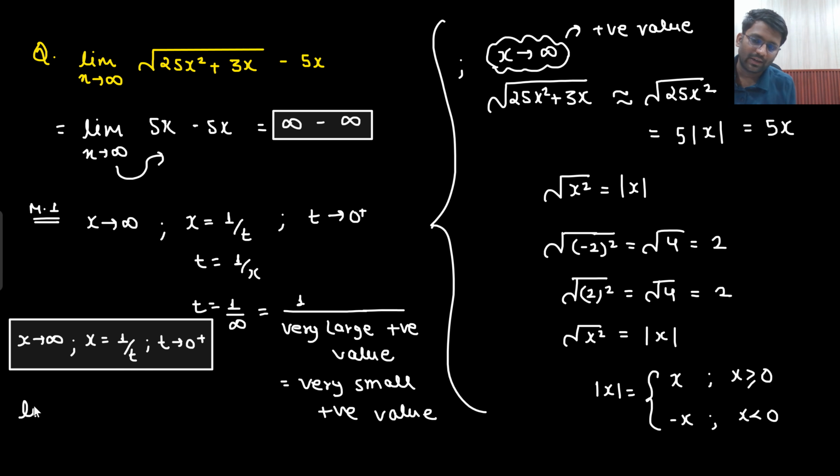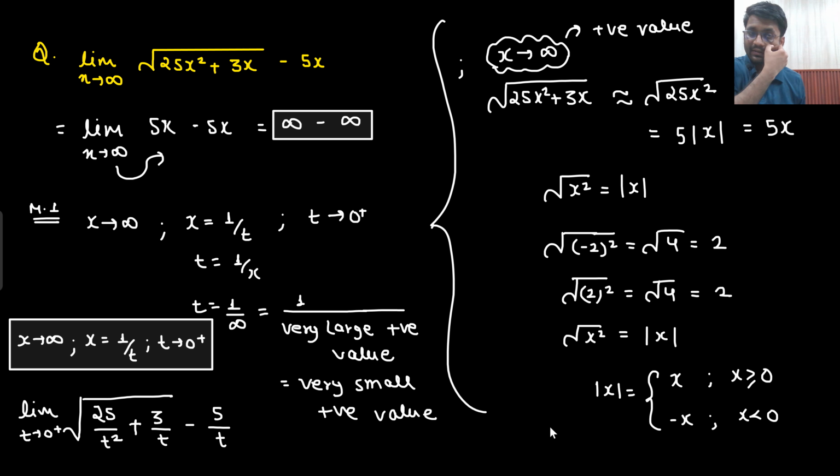So what I will put here: limit t tending to 0 plus, under root, in place of x square I will be putting 25 by t square, because I am putting x as 1 by t. So it will become 25 by t square plus 3 by t minus 5 by t. Okay.